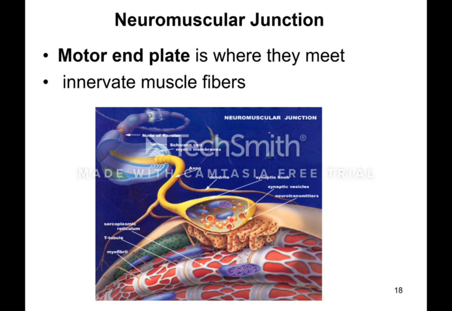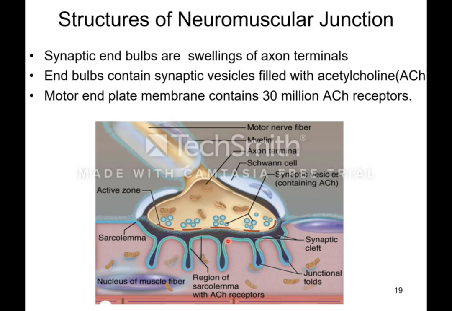The neuromuscular junction, or motor end plate, is where the nerve and muscle meet together and they innervate the muscle fiber. In each neuromuscular junction, there are synaptic end bulbs.